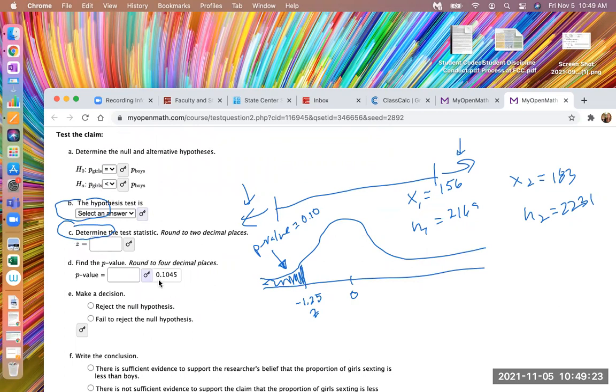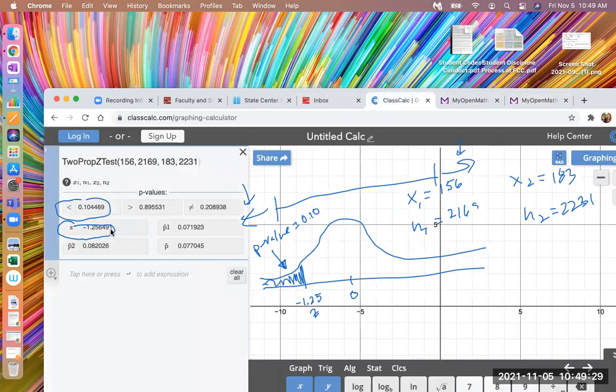To 4 decimal places, 0.1044. Let's just double check that I got exactly the same answer as them. 0.1044, and then yes, I would have rounded to 5. So I get exactly the same answer as them.